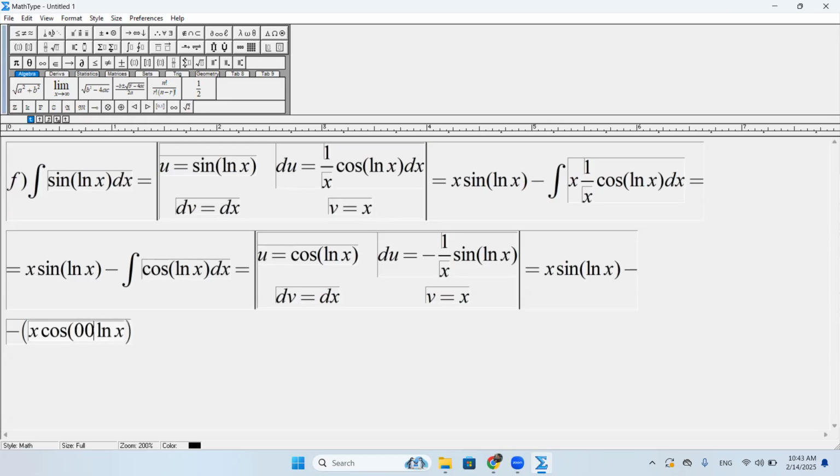Lost the bracket. And now plus, because of the minus here, this integral, 1 over x, lost dx here, by the way, so x multiplied by this expression.